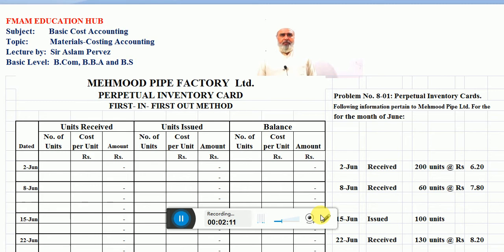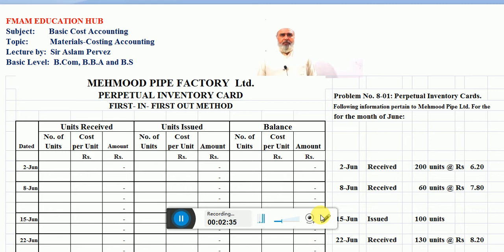Material ledger cards contain running records for movements of materials and serve as subsidiary ledger for materials control account.